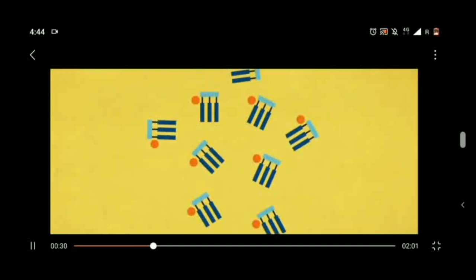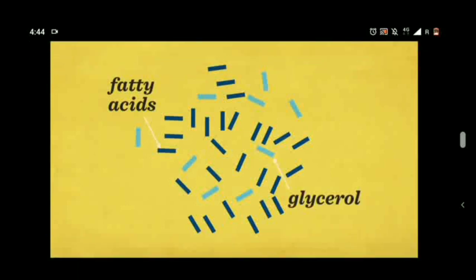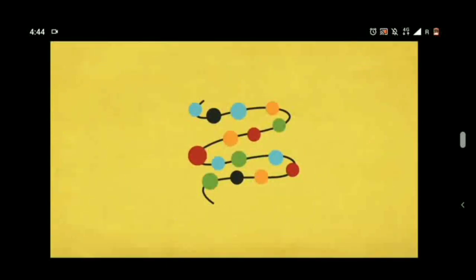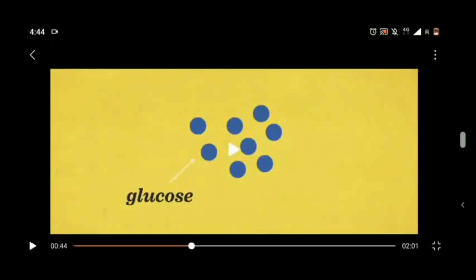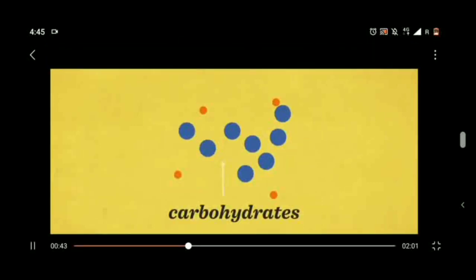The lipase enzymes start digesting the fat and breaking it into fatty acids and glycerols. The trypsin enzyme breaks the protein into simpler amino acids, and the pancreatic amylase breaks the carbohydrate into simpler molecules like glucose.